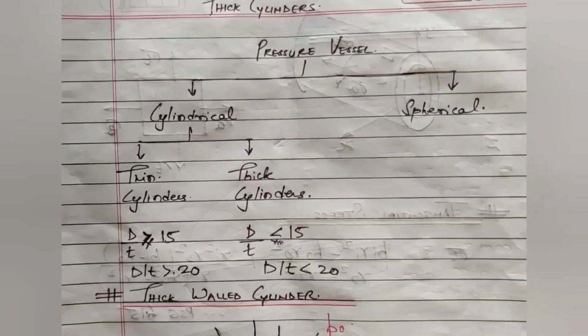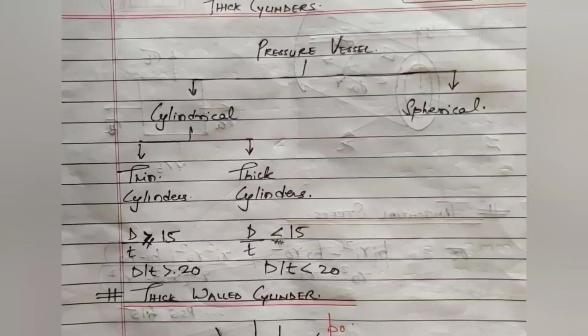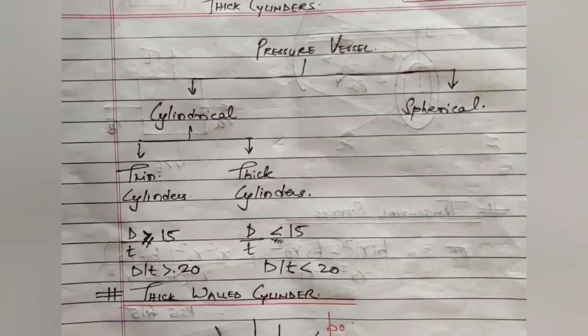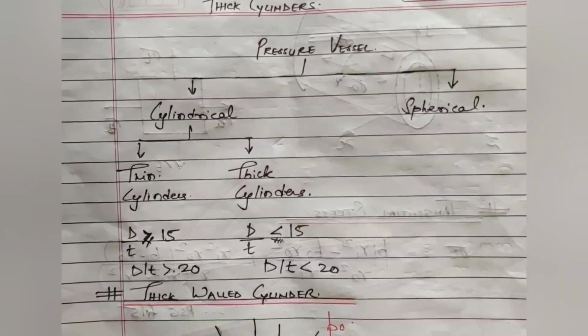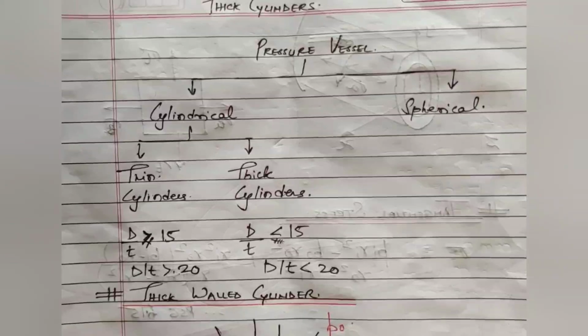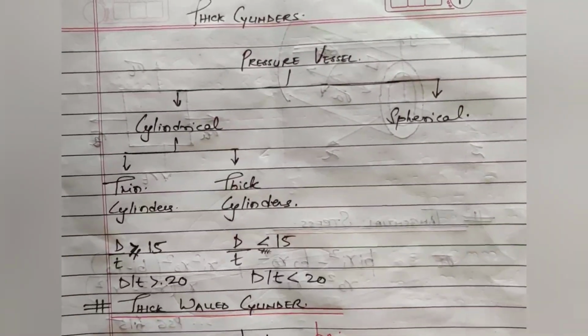Apart from this, you can treat the heat exchangers also as a pressure vessel, where you have different types of fluid flowing under pipes. So those pipes also can be treated as a pressure vessel. So any device which is handling fluid at certain pressure can be treated as a pressure vessel. Now pressure vessels can be divided into different categories.